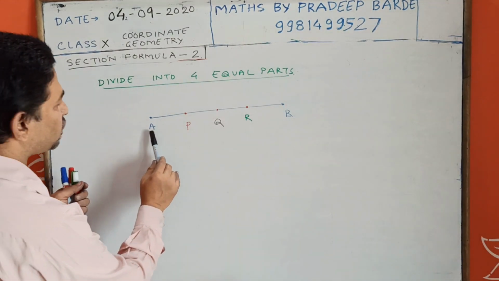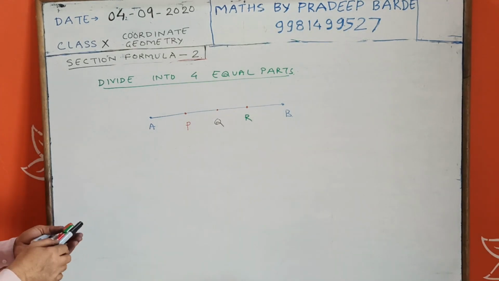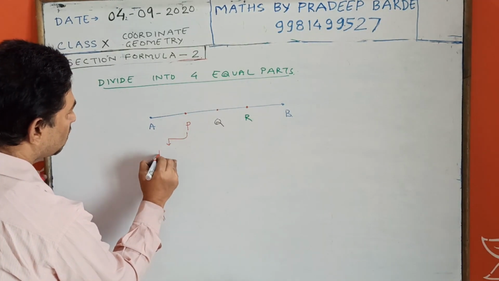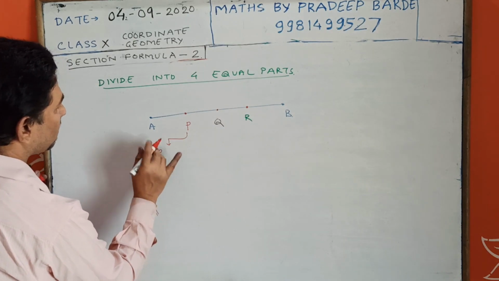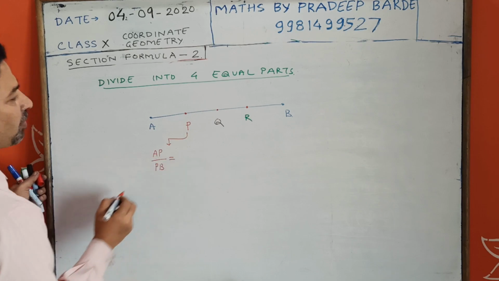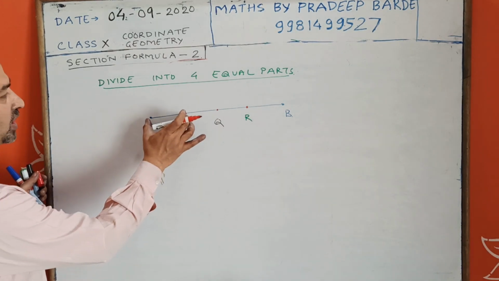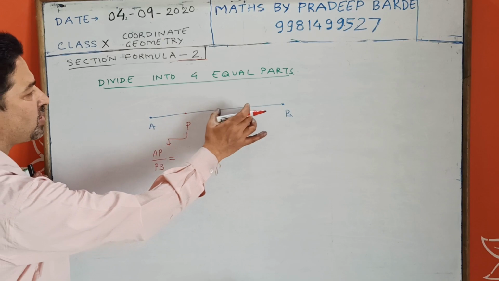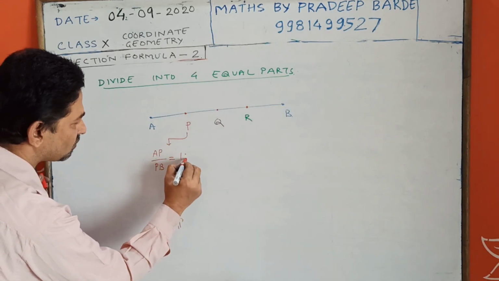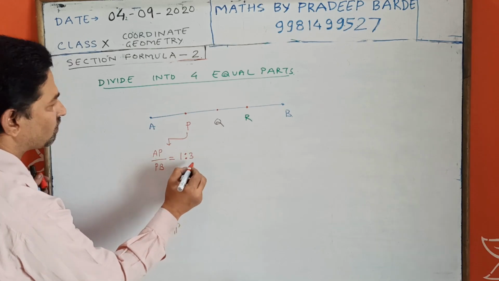Now you see the ratio. सेक्शन फॉर्मूला ही अप्लाई करना है बच्चों. तो P के लिए जब रेशियो लेंगे तो ये होगा आपका AP अपॉन PB. और इधर 1 पार्ट से इधर कितने, 1 2 3 पार्ट से. So the ratio will be taken as 1:3.